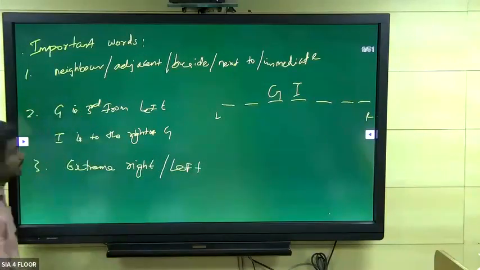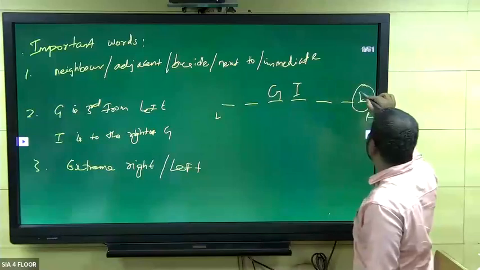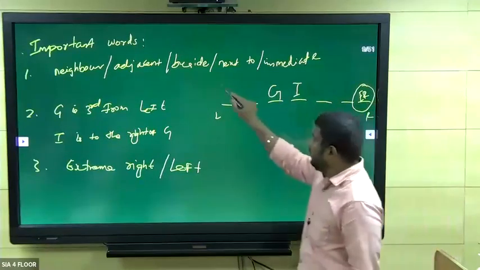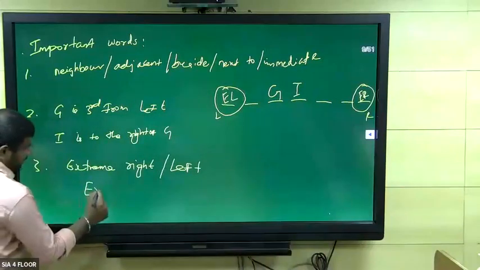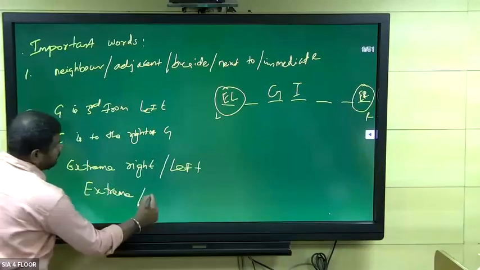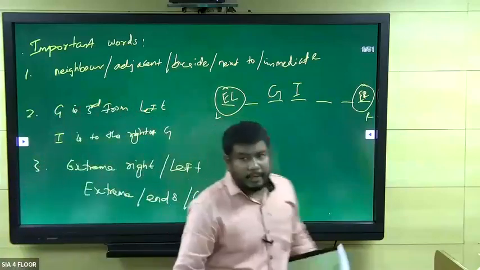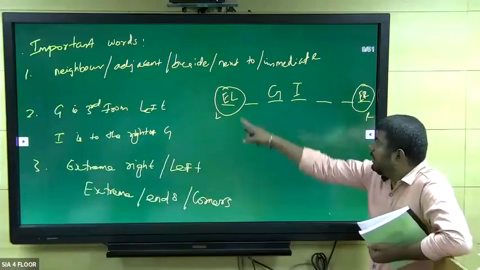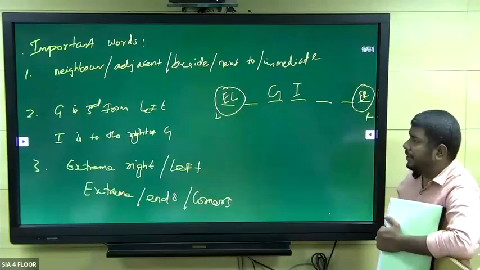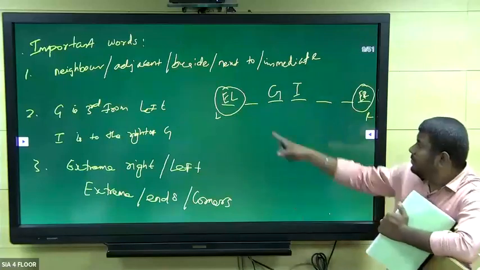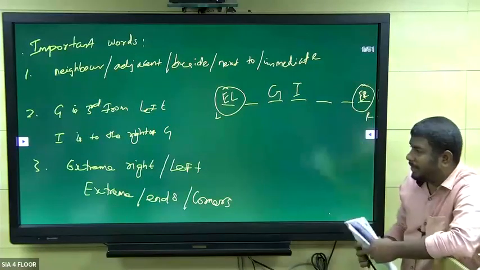Okay, extreme right means this place, and extreme left means this one. Extreme ends, corners. This is the extreme left end. This is the extreme right end. This is the extreme right corner. This is the extreme left corner. Extreme end corner refers to this place. This is the left place. This is the right place. Okay, so please make a note of this.